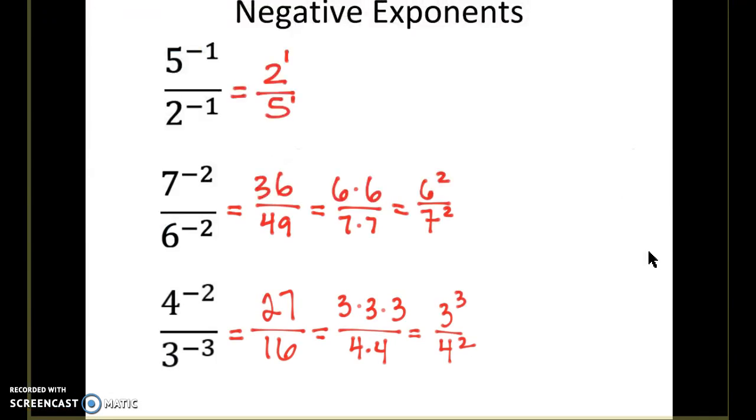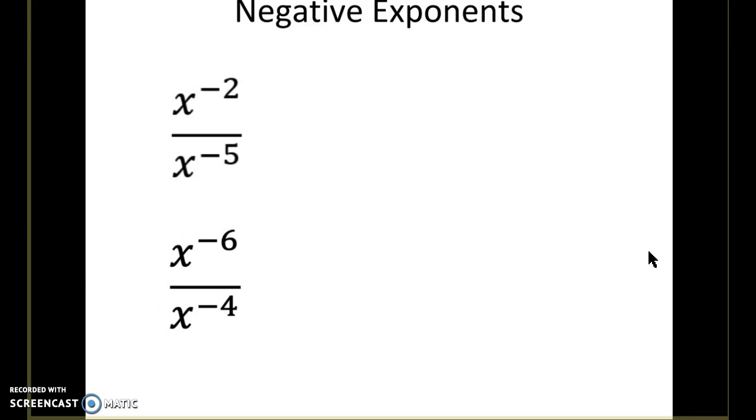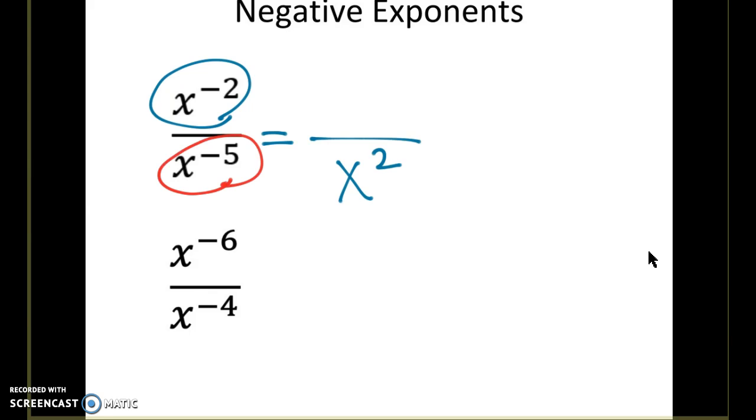So if I look at a problem that has variables now, since I can't enter this in the calculator, I have to know that this x to the negative second power is just going to move down here as x squared. And then this x to the fifth power is going to move to the numerator as x to the fifth power.